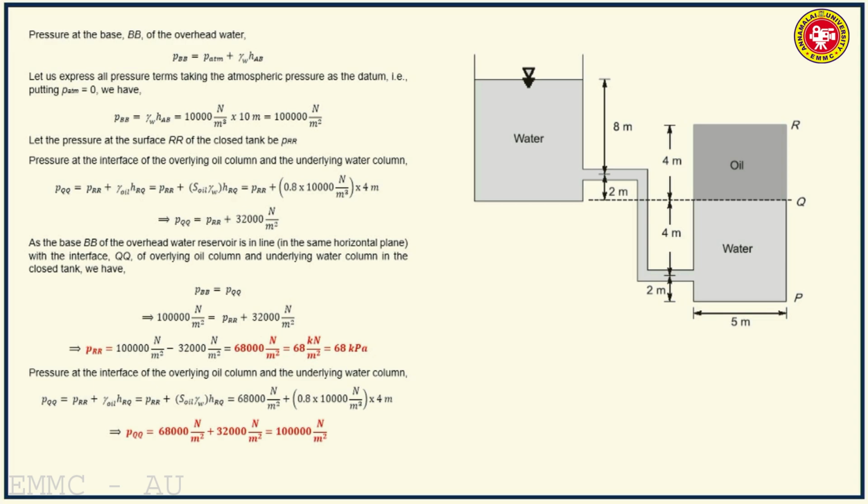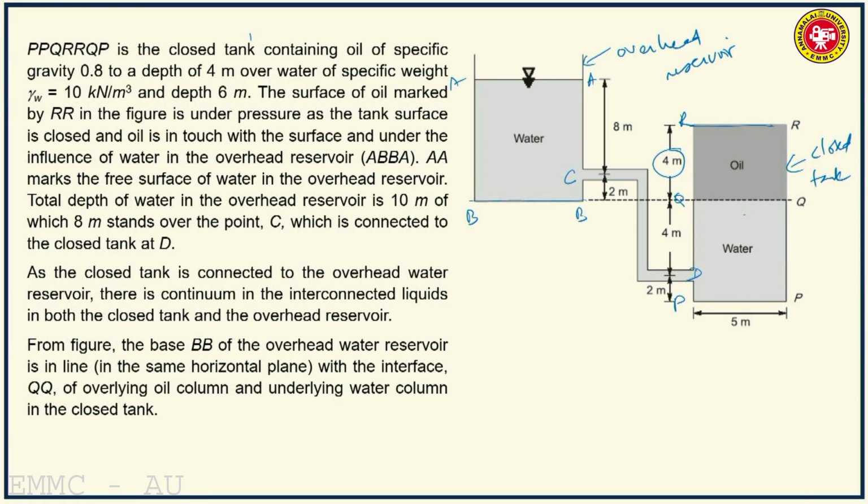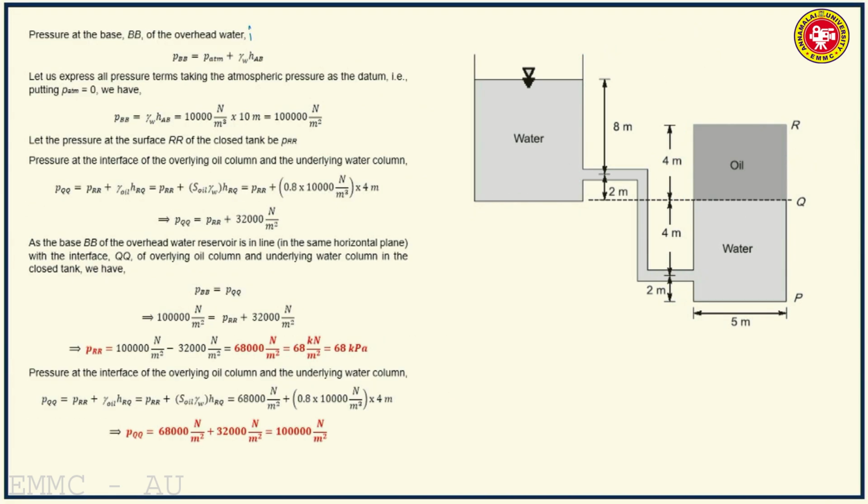Now pressure at the base BB of the overhead water reservoir. Pressure at the base, this is BB, this is AA.